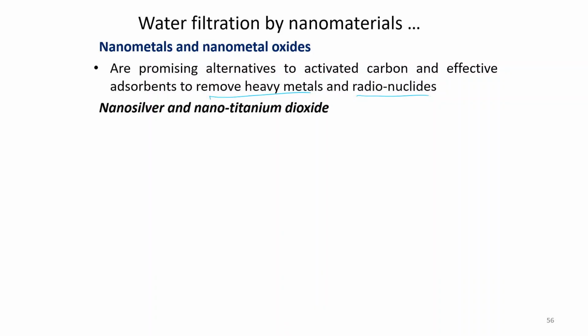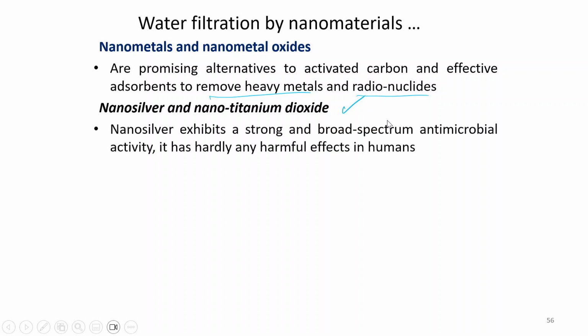The examples are nano silver and nano titanium dioxide. These are materials which can be used to remove heavy metals. Nano silver exhibits strong and broad spectrum antimicrobial activity, so for any antimicrobial activity we can use nano silver.